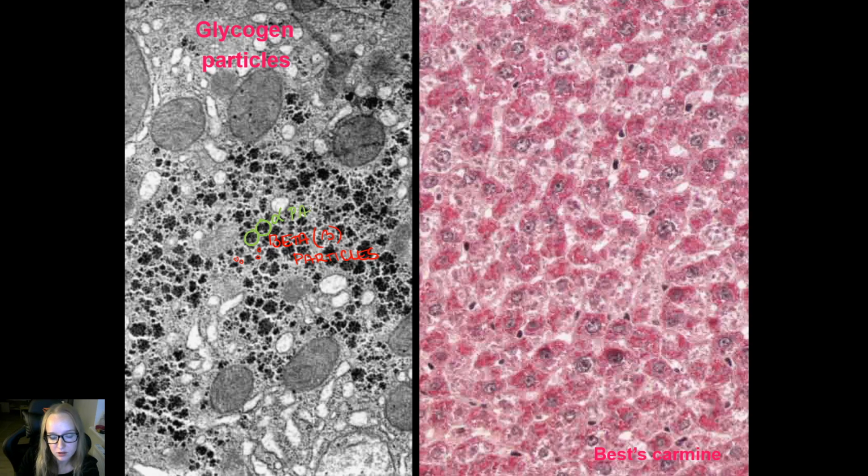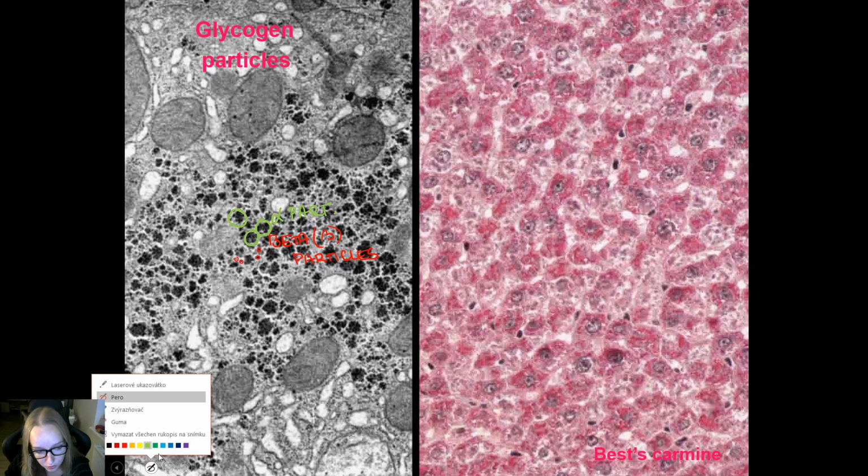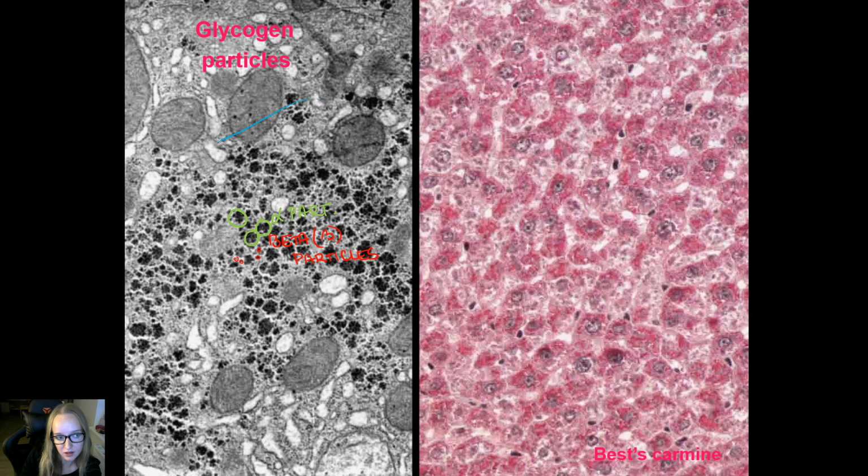Alpha particles are below the level of the light microscope, but when they clump together, they accumulate in one part of the cytoplasm. They can really be seen in light microscopy. This is a very good picture, stained with carmine, which I had never used before, but it's stained glycogen in the cells.